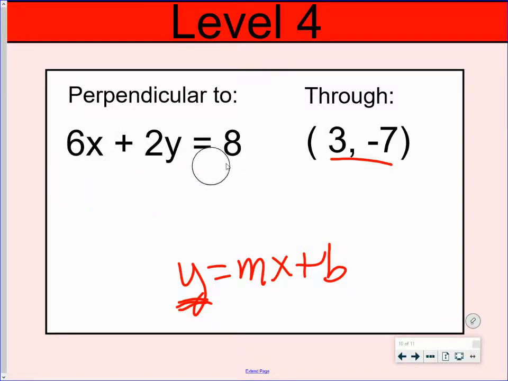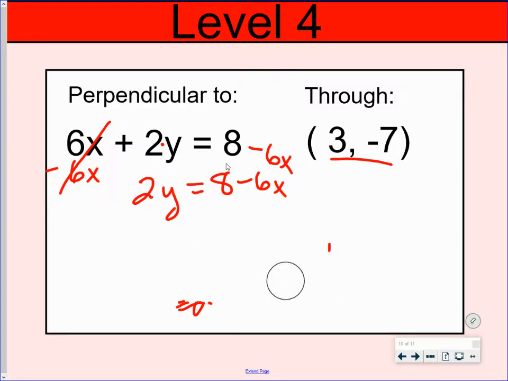Reminding you from past lessons, in order to get y by itself, y is being multiplied by 2, and then we're adding 6x. So we need to do the opposite, backwards. We need to subtract 6x from both sides. And we'll be left with 2y equals 8 minus 6x.